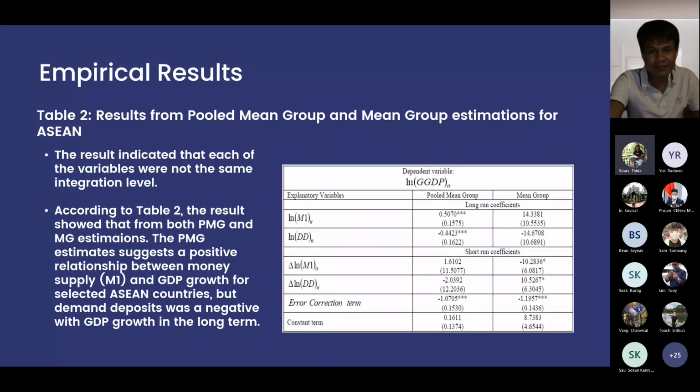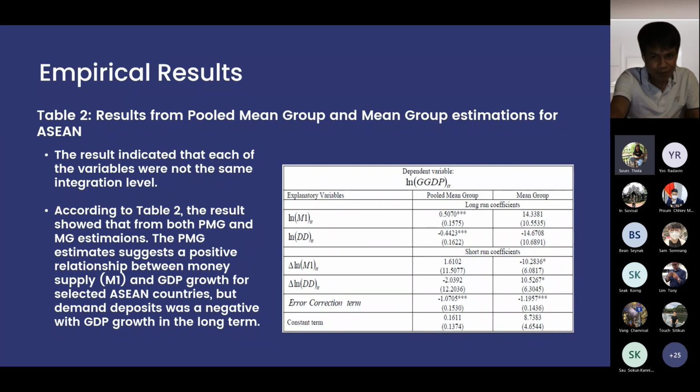So table 2. Yeah, it's the result from the Pooled Mean Group and the Mean Group estimation for the ASEAN. According to table 2, the results from both the PMG and the MG estimation suggest a positive relation between the money supply and the GDP growth in the selected ASEAN countries, but demand deposit was negative with the GDP growth in the long run.